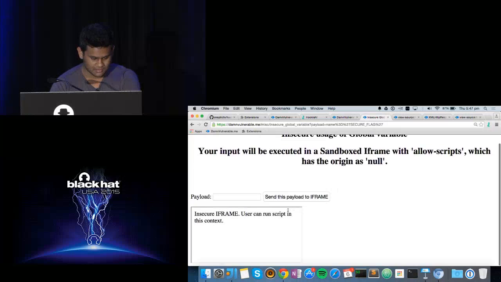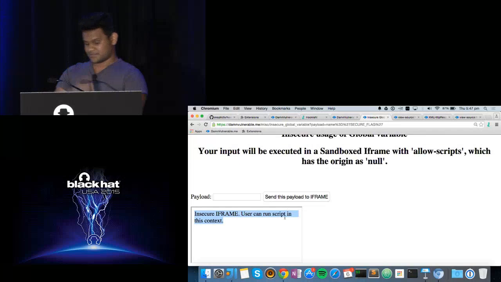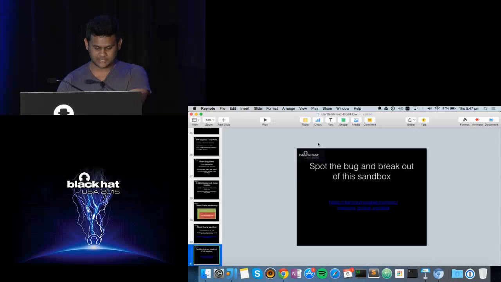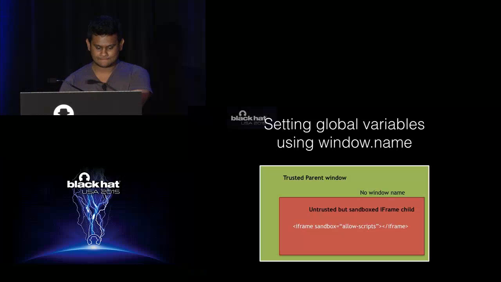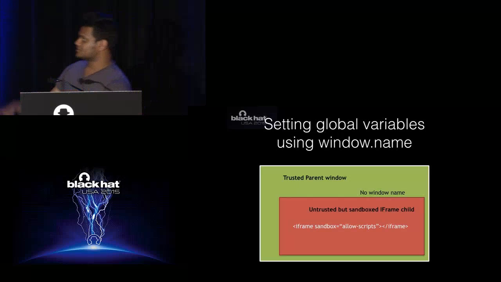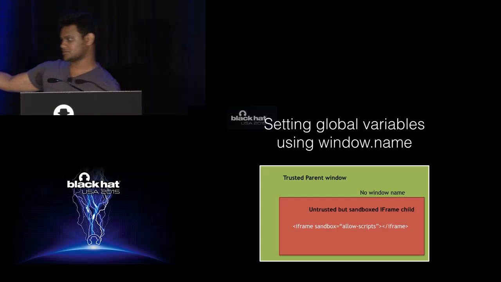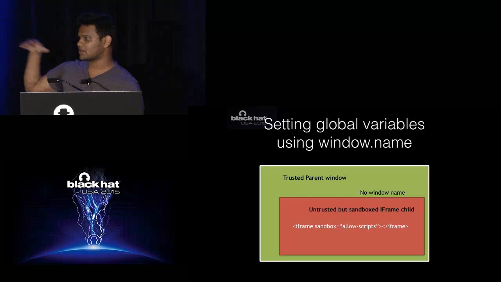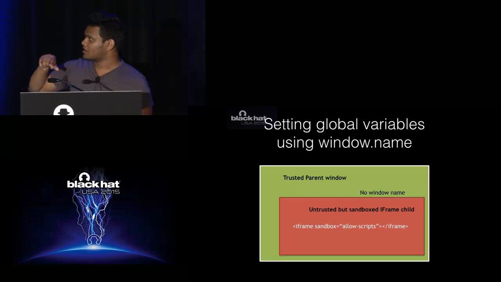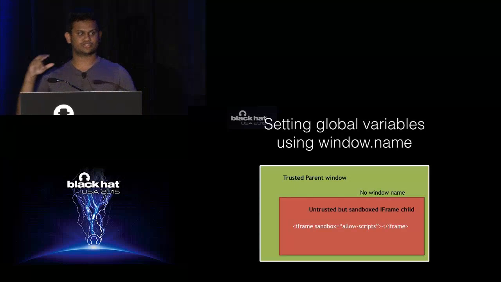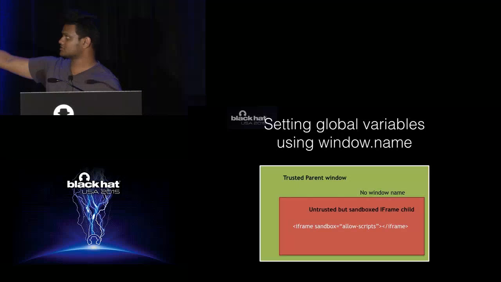So I was able to run script in this iframe, which actually affected this. Let's see what's happening here. This was the initial scenario. We have the trusted parent window, the untrusted child iframe, and initially there was no window.name for this sandboxed iframe.